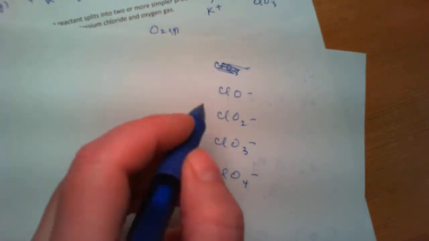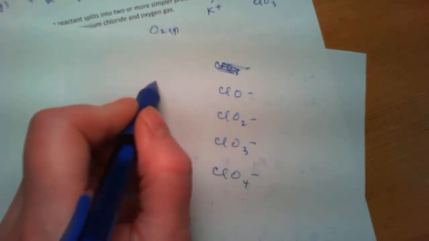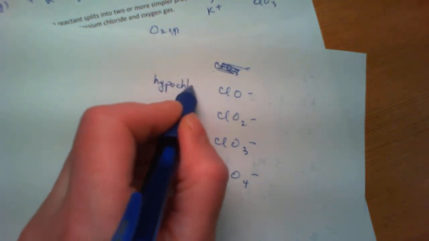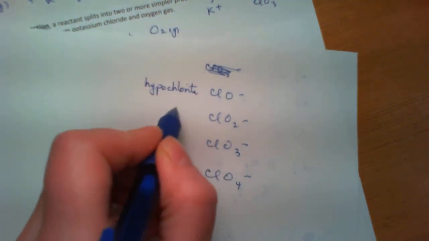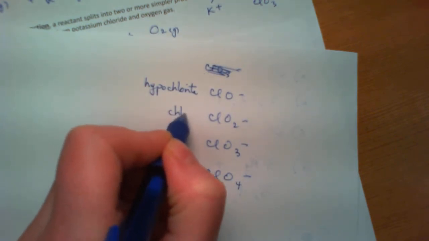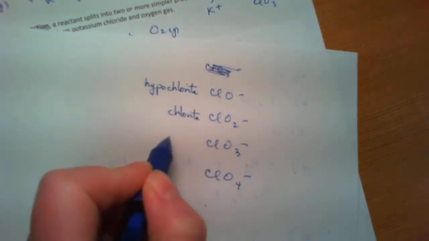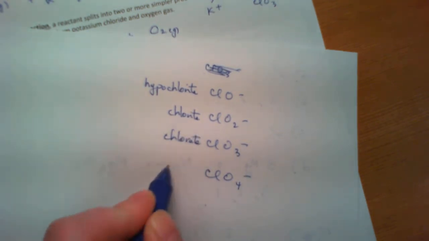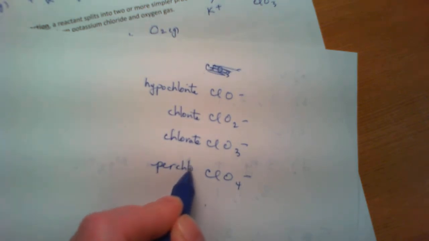And this one is the hypochlorite. This one was the chlorite. This is chlorate. And this is not hyperchlorate, but just perchlorate.